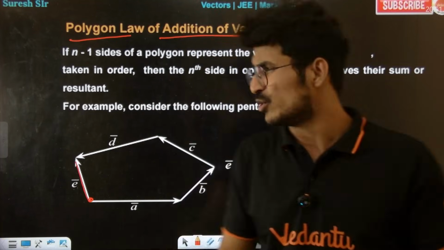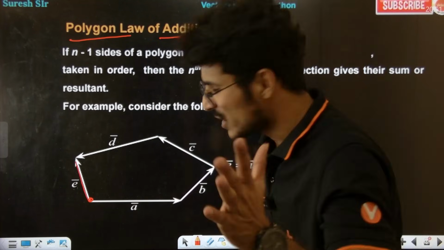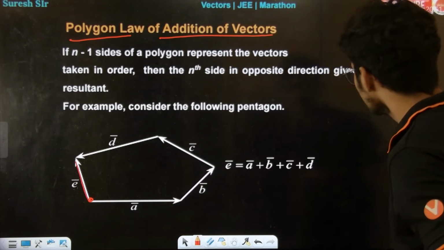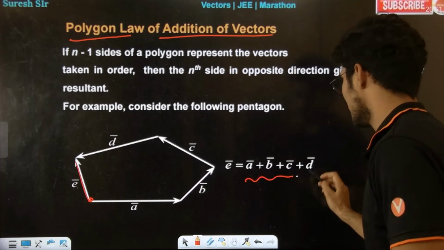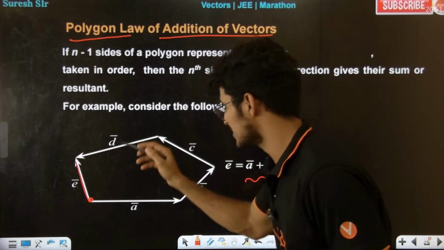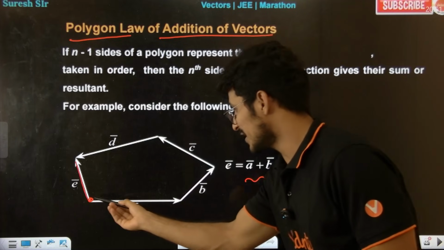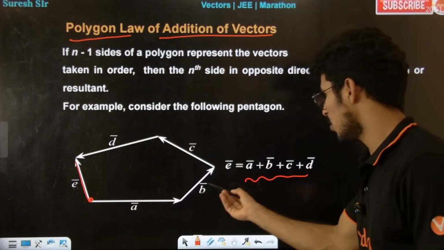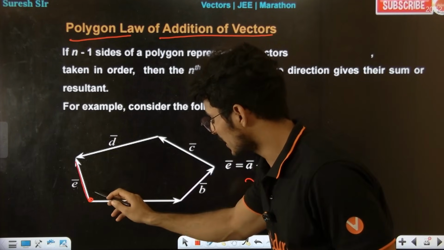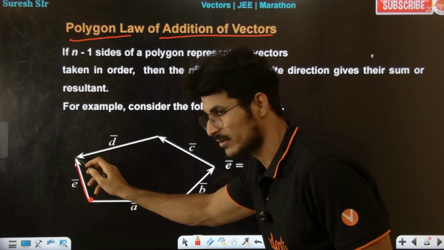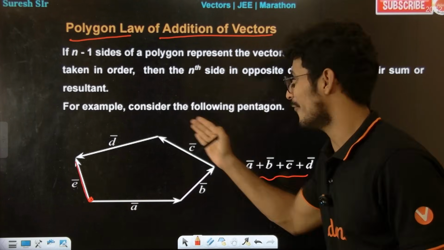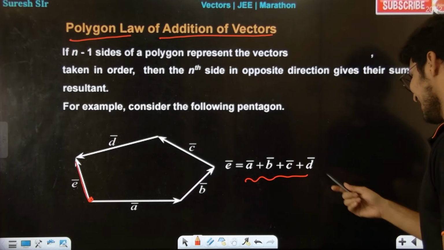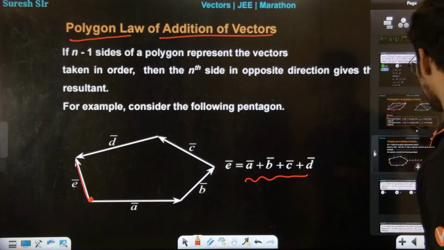You just read this line and you will understand. What is the resultant of the remaining vectors? A plus B plus C plus D. Starting from here, all the way I am going and stopping here, and this one also goes from here to here. So E is equal to the sum of all these vectors. Very simple, right?